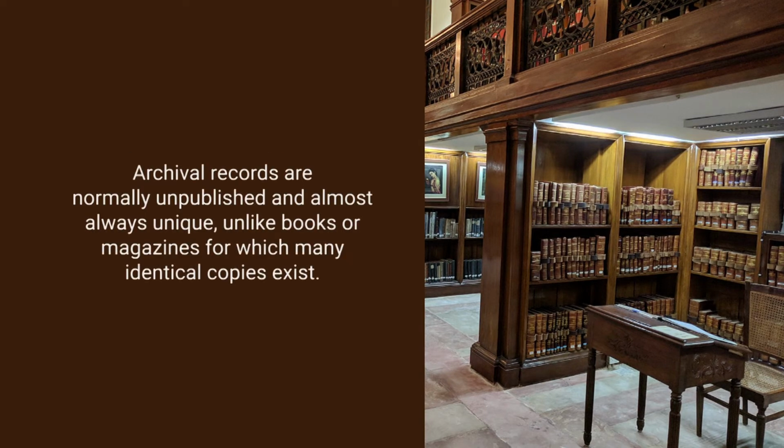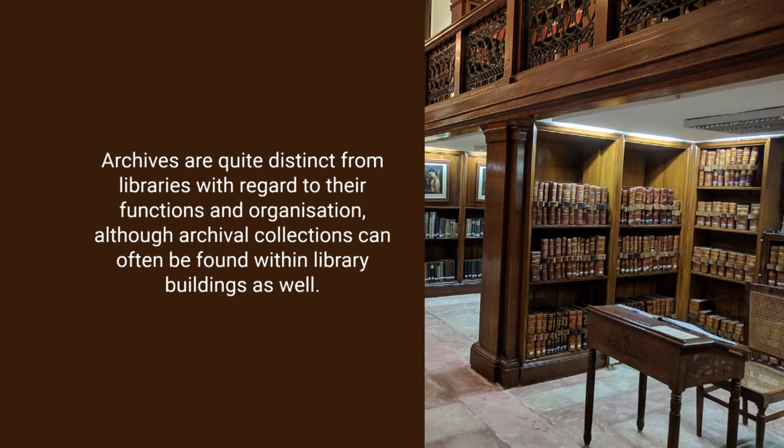Archival records are normally unpublished and almost unique, unlike books or magazines for which many identical copies exist. It is very important for viewers to know that archives are quite distinct from libraries with regard to their functions and organization, although archival collections can often be found within library buildings as well.